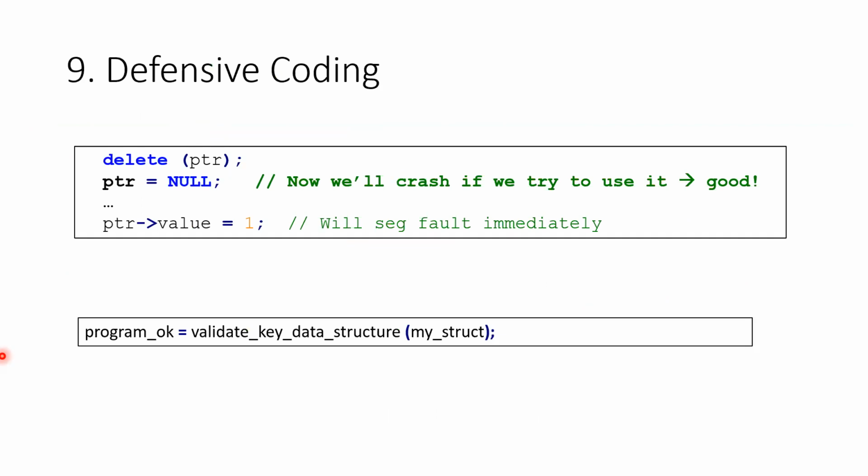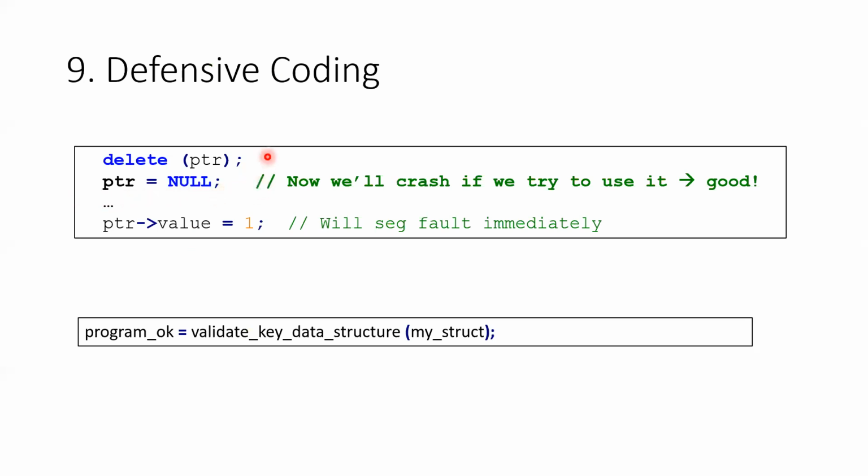Another part of defensive coding is when you are deleting or removing something. When you are deleting a pointer, if this pointer may be used afterwards, assign it to null. And afterwards, if you need to reuse it, check if it's null.